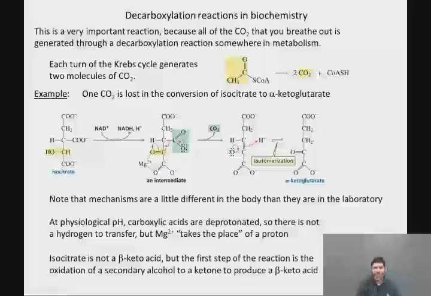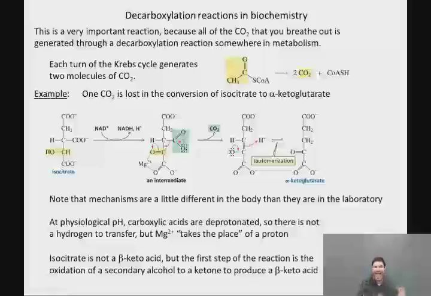So the first step in this whole reaction is that the secondary alcohol of isocitrate is oxidized to a ketone. NAD+ is nature's oxidizing agent. So NAD+ does the oxidation, generates NADH and H+. The secondary alcohol is oxidized to the ketone.